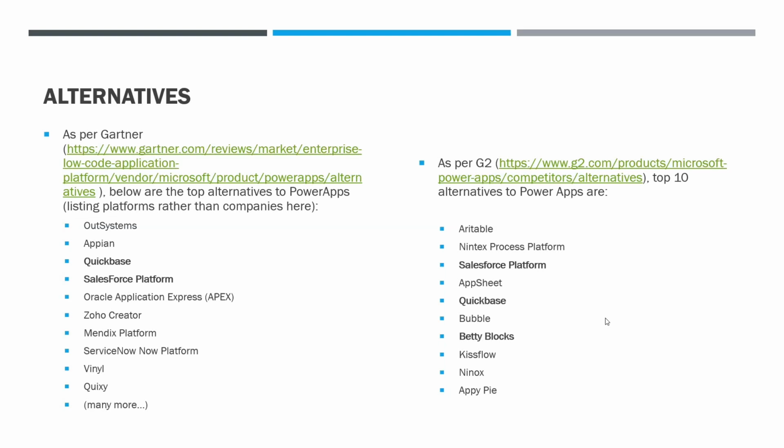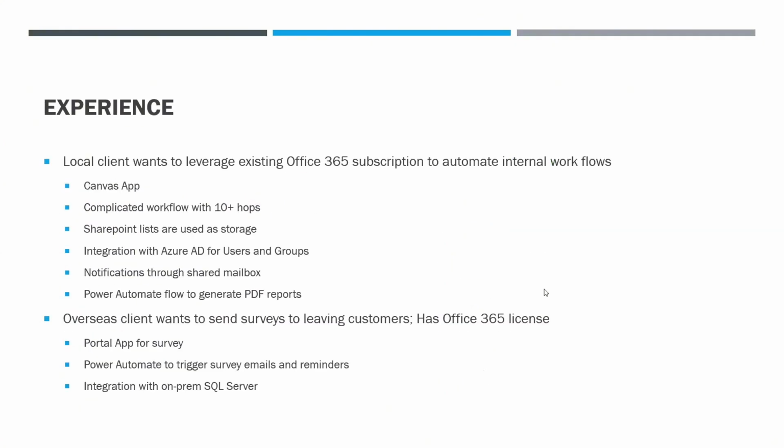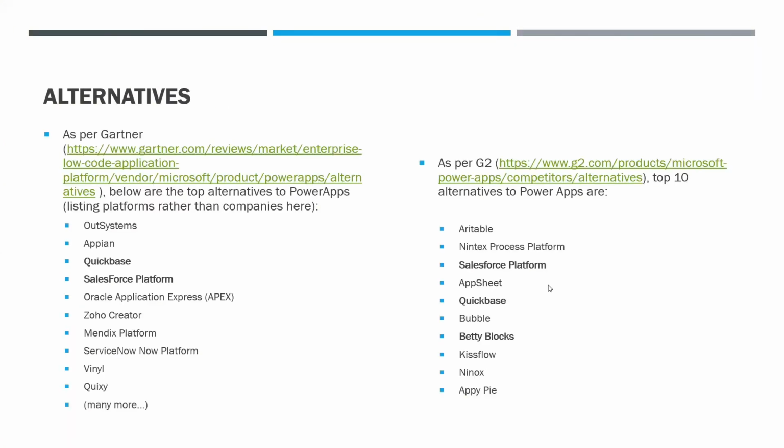Currently, for one of the workflows, we are looking at whether to use Power Apps or the Nintex process platform or KissFlow. What I'm trying to say is Power Apps is good, but you need to be pragmatic about what your requirement is. Power Apps has built-in stuff for some basic workflows as well.